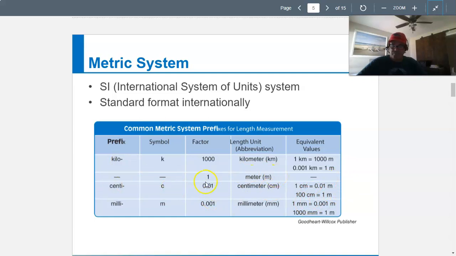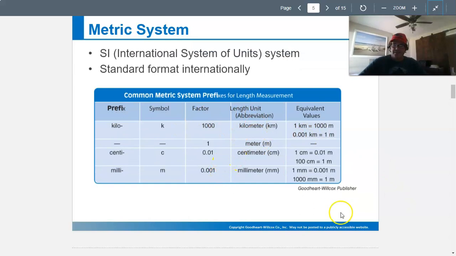And then a centimeter is a meter divided by 100, as we would say it. And then a millimeter is a 1,000th of a meter.